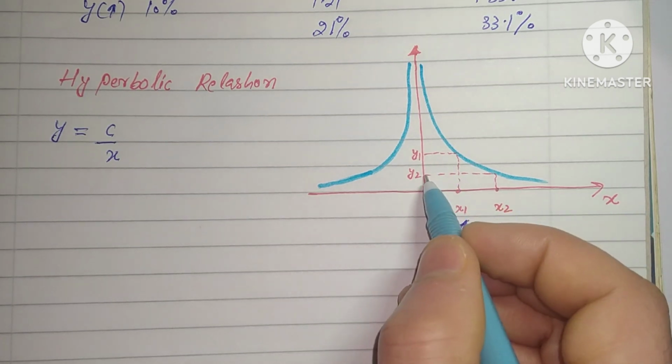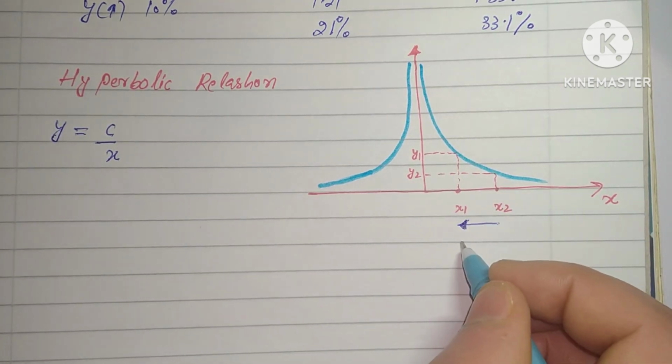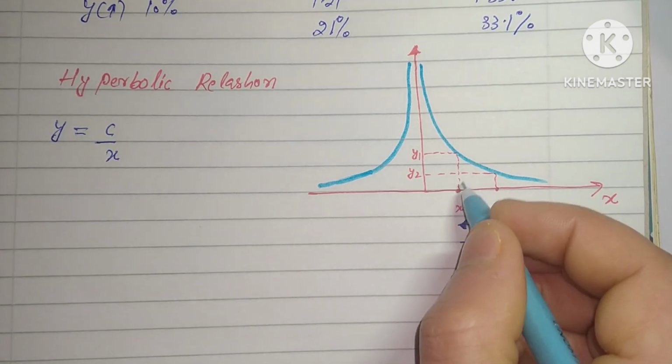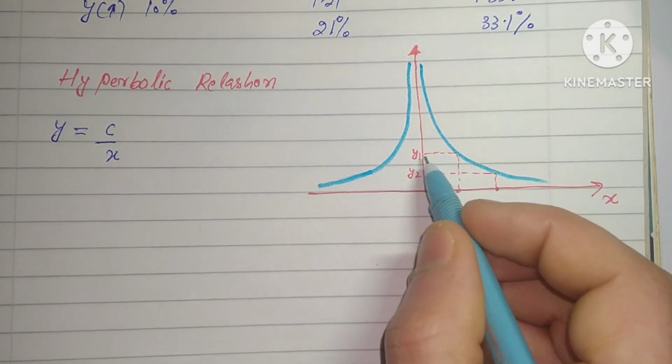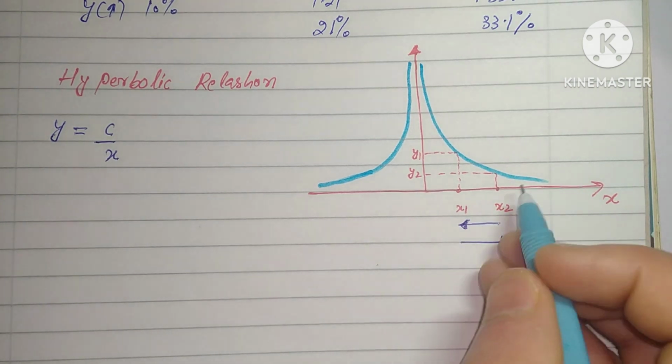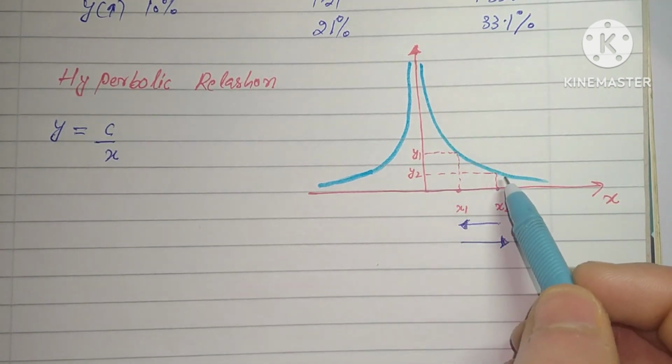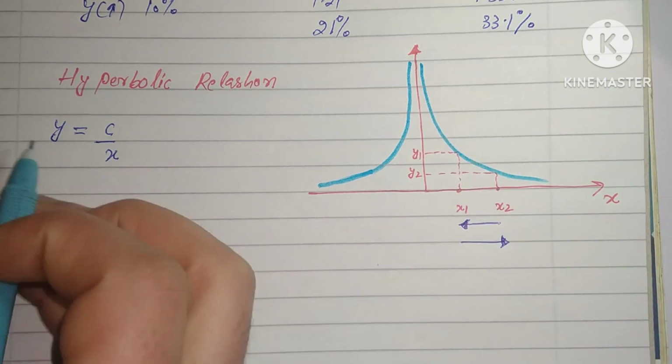And if we go from here to here, if the value of x increases, here it is y1, here it is y2, the value of y decreases. Hence, if one quantity increases, then the other quantity decreases. That is the behavior of the hyperbola.